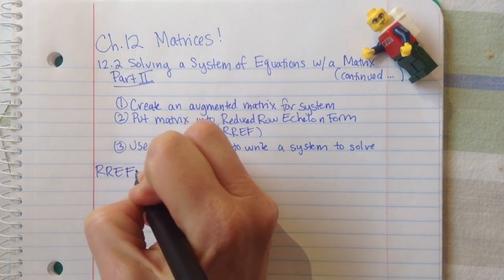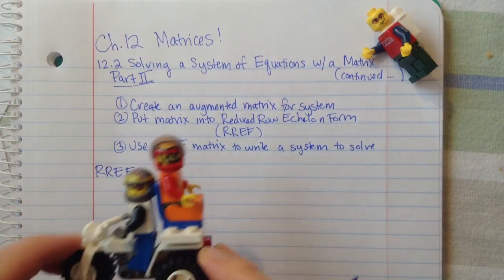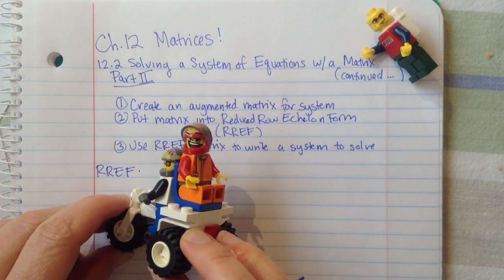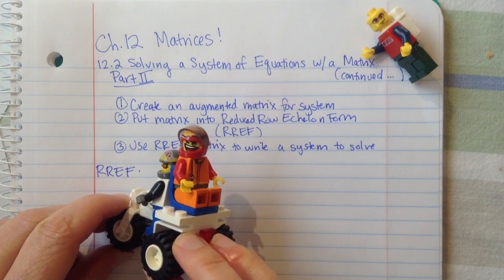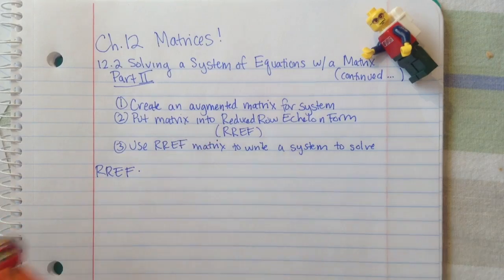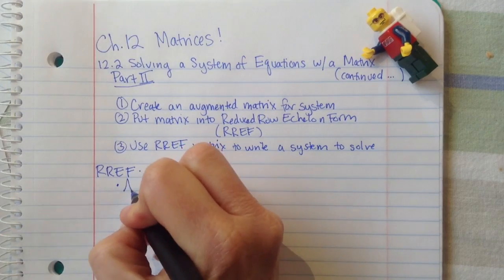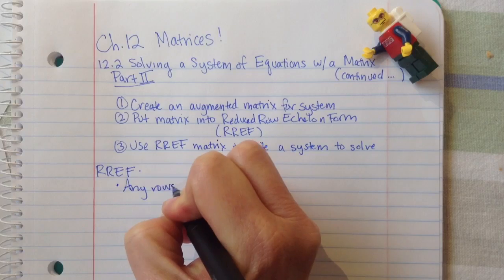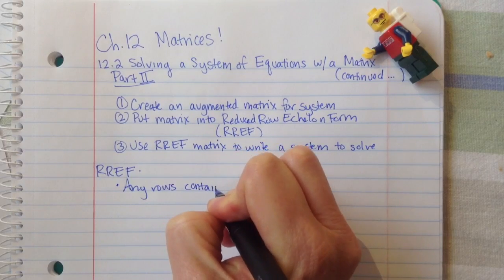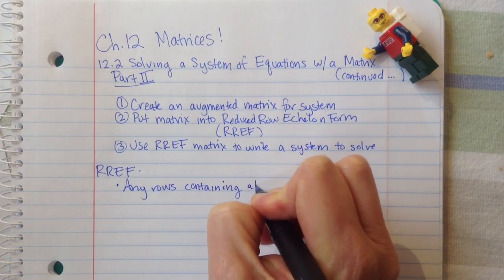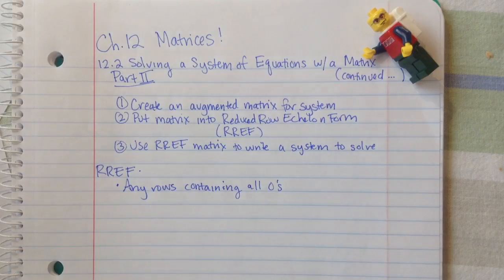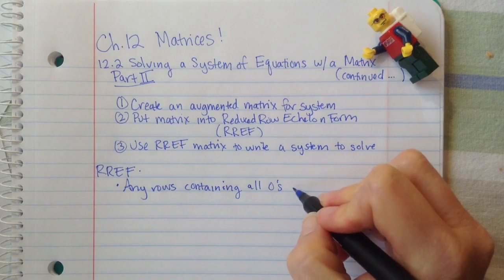All right, so RREF, first of all, any rows containing all zeros go at the bottom of the matrix. That might not happen a lot, but if you get any rows with all zeros, they go at the bottom.